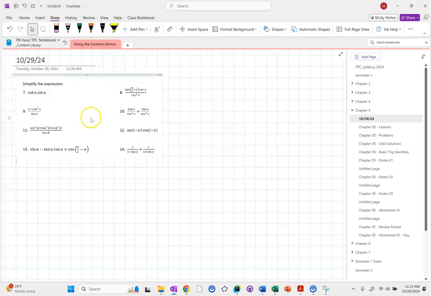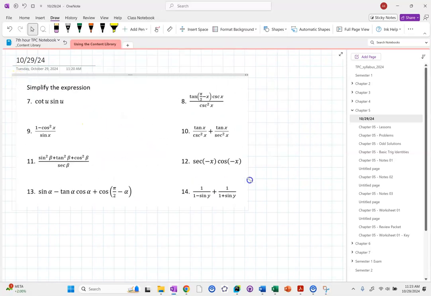We're going to be working on numbers 7 through 14 from the homework. We're going to do this today in class. I'm going to call on random people to help me out doing this.